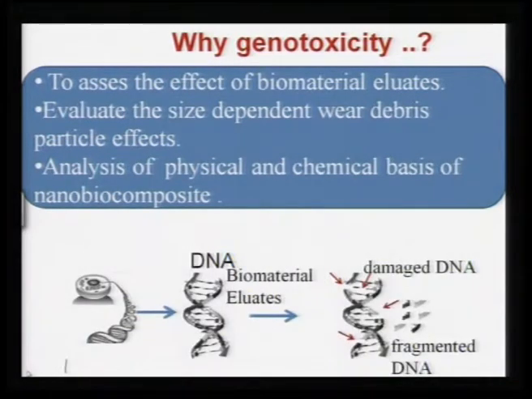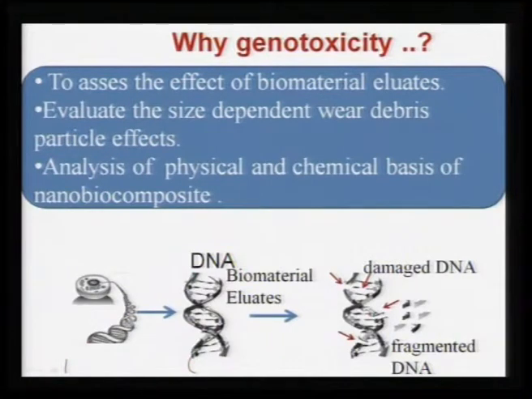Now, with a particular experiment, I will show you how the DNA is damaged when these particles are in the culture medium where you are culturing the fibroblast cells or osteoblast cells. So, this is a typical double helix pattern of the DNA. Now, when it is treated with biomaterial eluates, some breakage will happen in the double helix pattern.